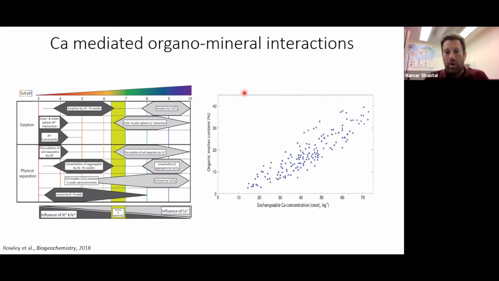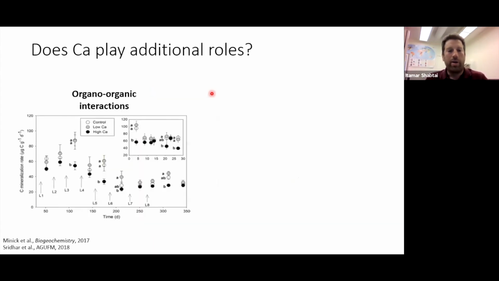And so in soils that are neutral or slightly alkaline, in which calcium plays an important role, we often see that the more calcium we have, the more organic matter content that we have. And so we wanted to further explore this relationship and try to find specifically some mechanisms for this.